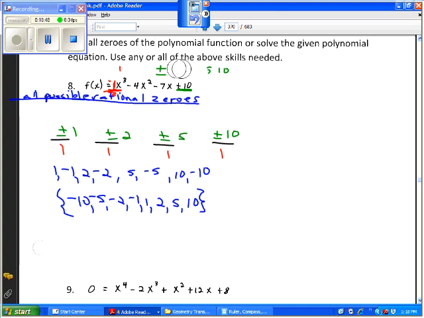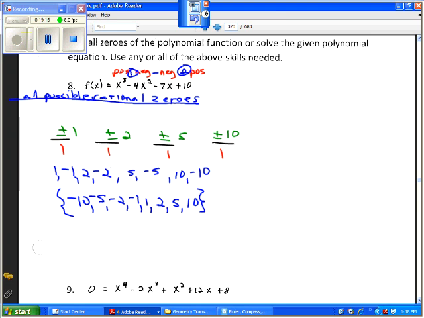If we do that, then we would look at the number of sign changes. We have a positive, a negative, a negative, a positive. There's one sign change between the first set. There was not a sign change there, and then there's a second sign change.